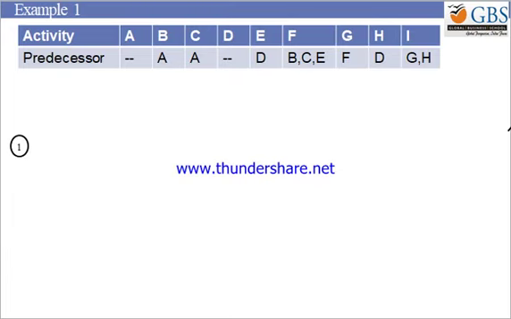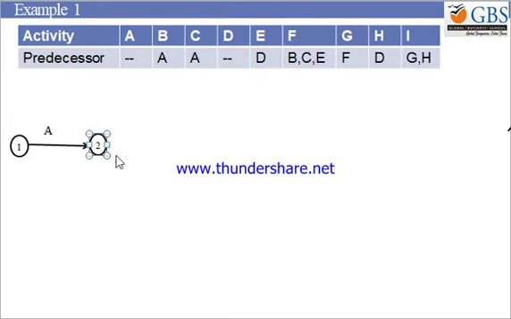Now let us try to draw this example. A network diagram will be drawn for it as a normal procedure. I'll start with A. To draw A, I have already drawn the first point, that is node 1. Along with that, I'll draw the arrow to show this is activity A. So activity A will close at node 2.